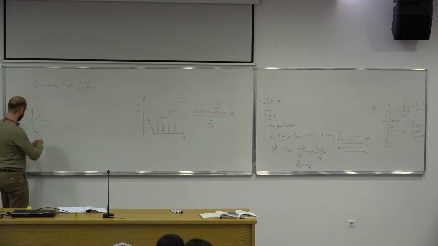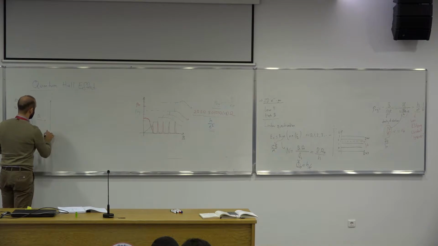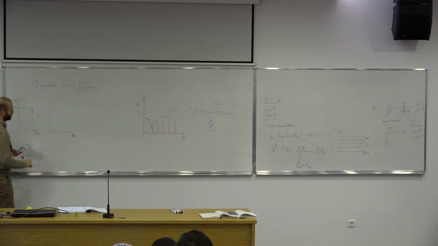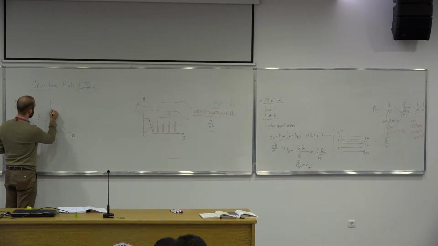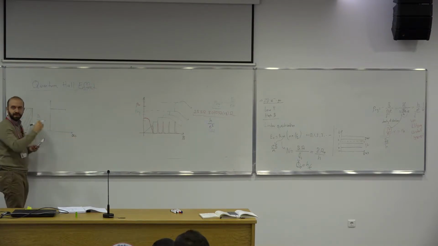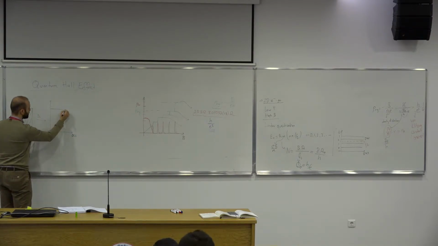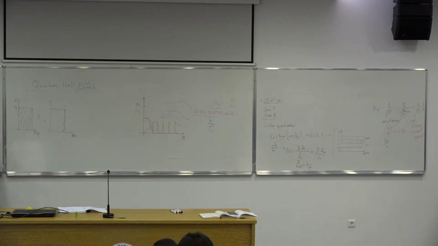So at moderate magnetic fields, this is what I'm going to get. So this is my Fermi level. And then at very high levels of fillings, I'm going to have modulation in the density of states.